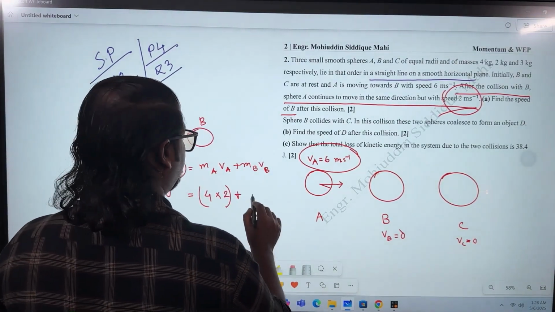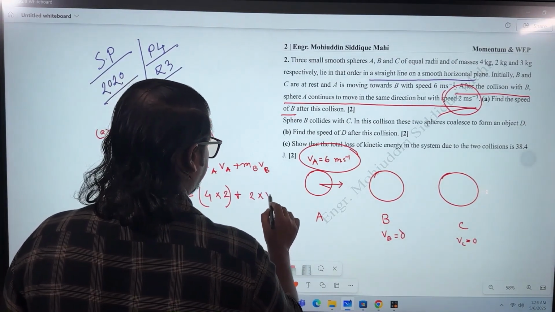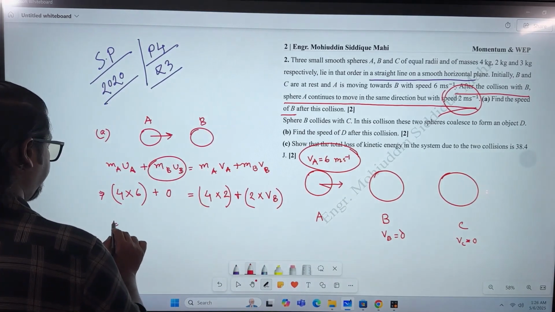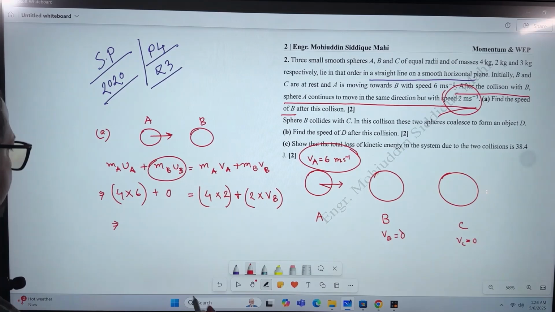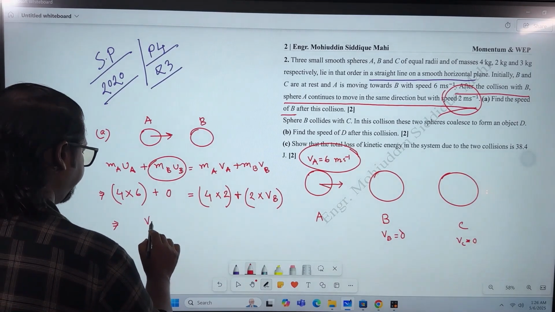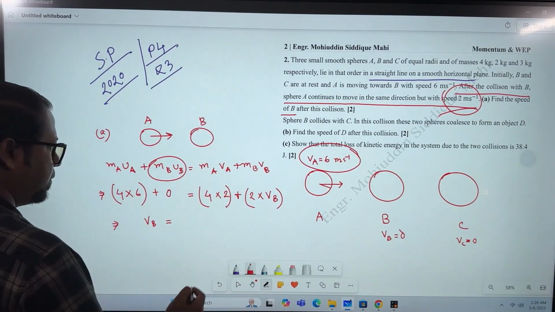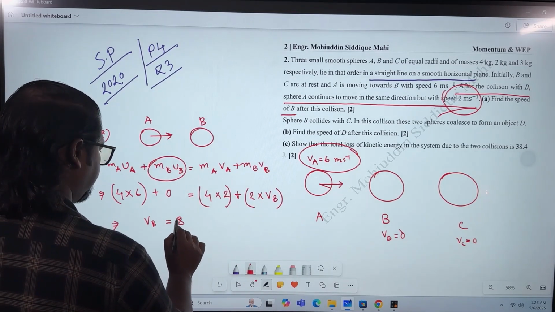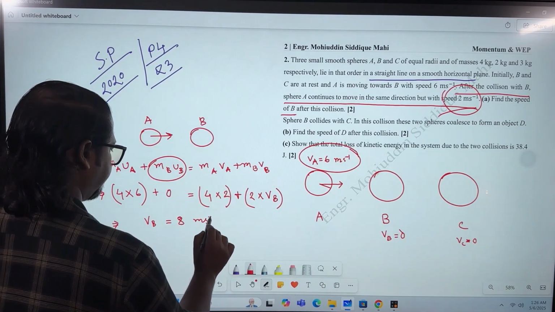Mass of B is 2 kg, and the velocity of B we don't know about, we need to find it out. So it's a very simple calculation. VB equals 8 meters per second.